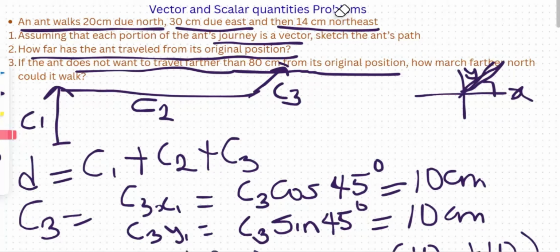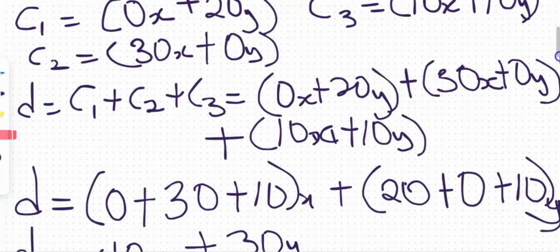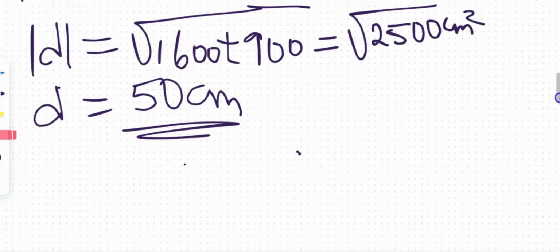Now it says, if this ant does not want to travel further than 80 centimeter from its origin, how much further north can it walk? So it doesn't want to travel further than 80 centimeter from its origin.